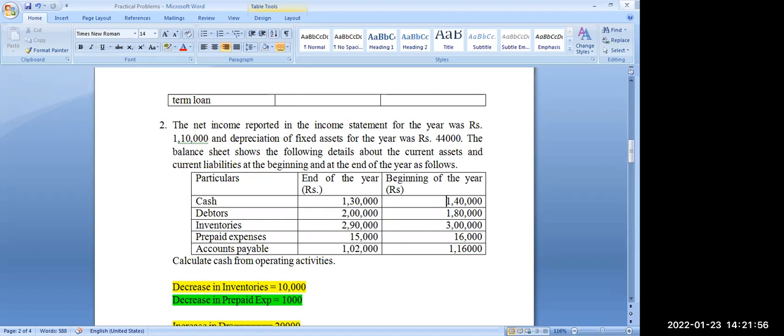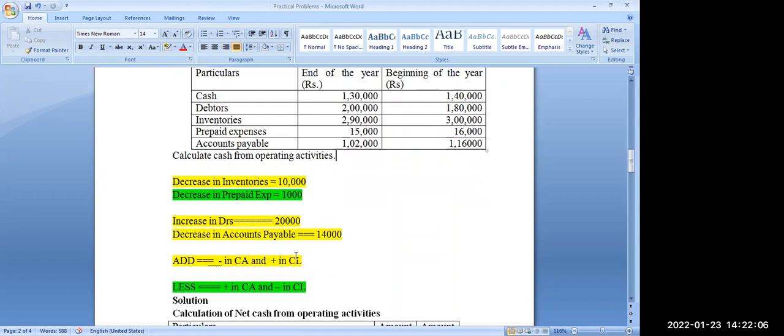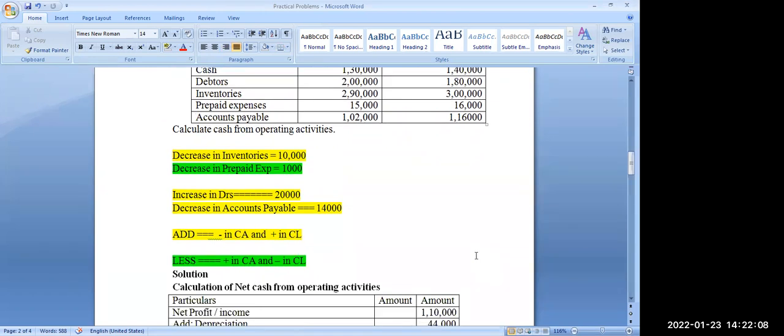But the question is not about the cash flow statement. The question is asking you to calculate cash flow from operating activities, only cash flow from operating activities. So there is a small understanding here. What you have to make is the decrease and increase in current asset.